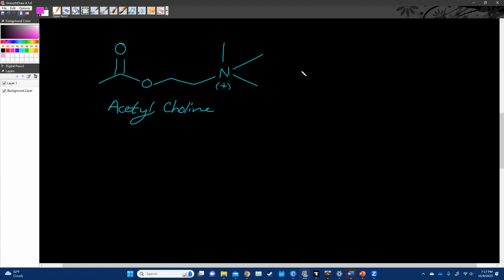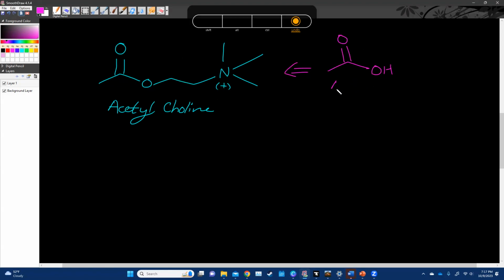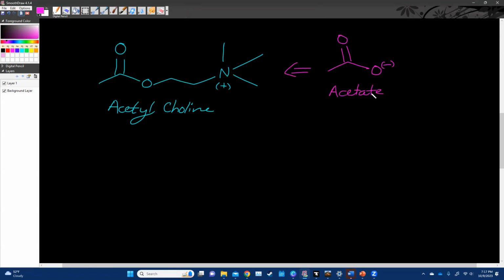When it's synthesized in the body, it is made up of an acetyl group. So it comes from essentially acetic acid. So actually, it would come as O minus, as acetate, and choline.